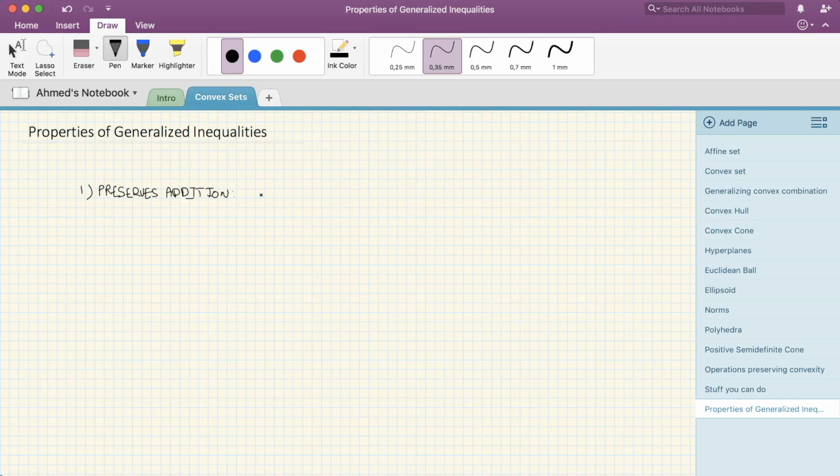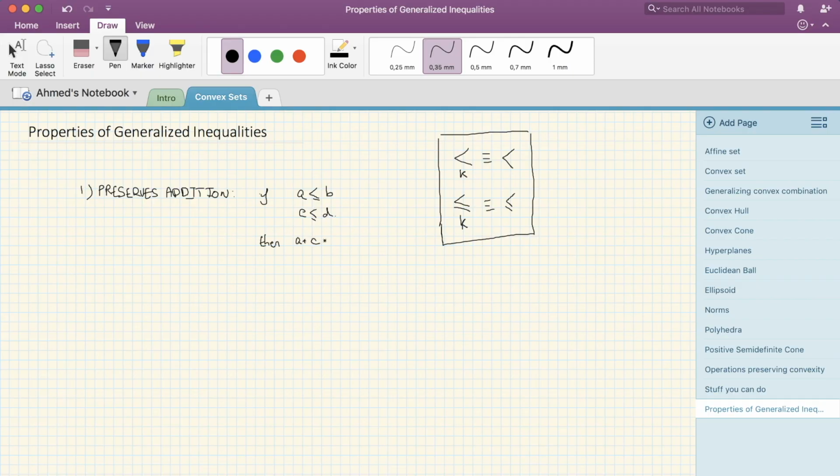It means that if I have a less than b, now I'm going to drop the k here, just for the sake of presentation. So I'm going to denote the generalized inequality with respect to the proper cone K as this, and the less than or equal as this. So if a is less than b and c is less than d, then you can say a plus c is less than b plus d.